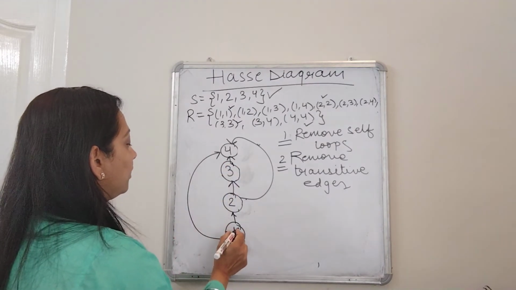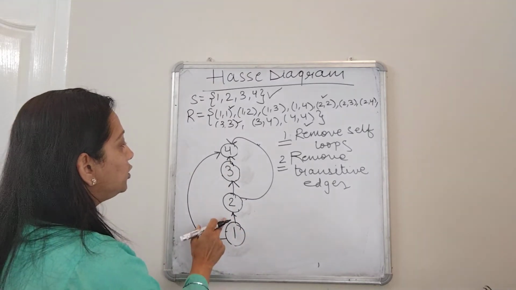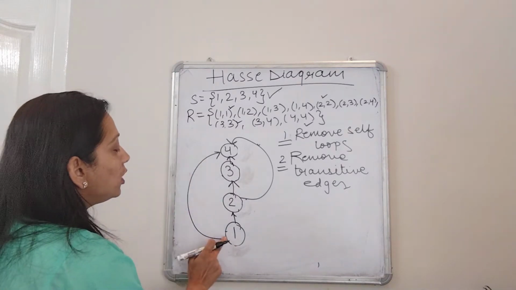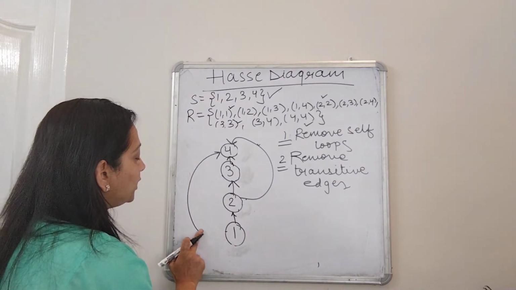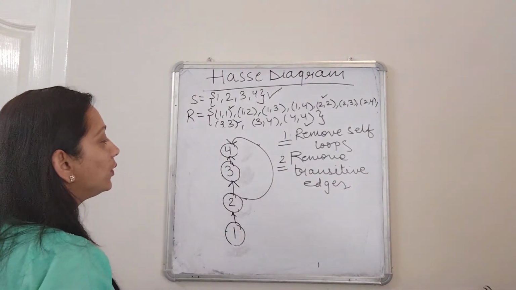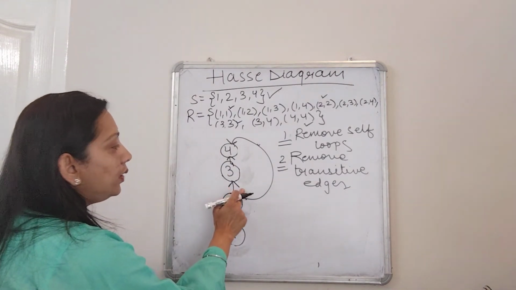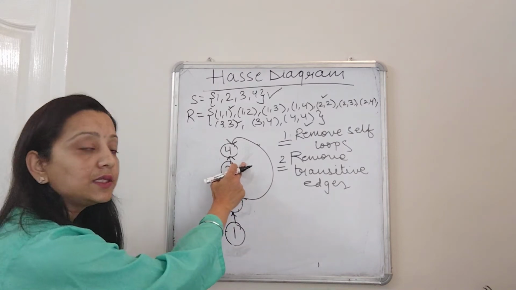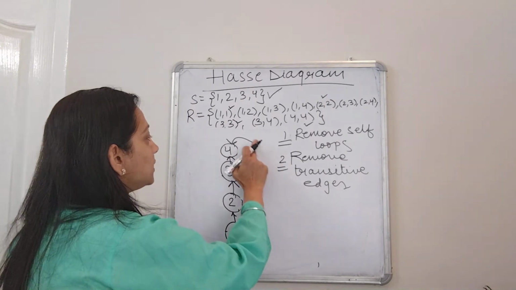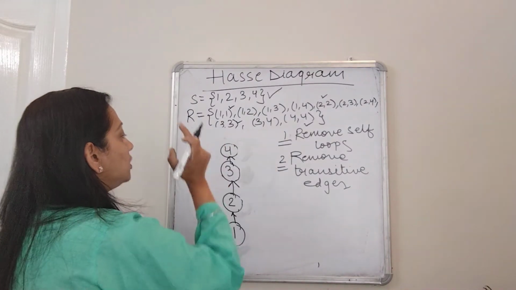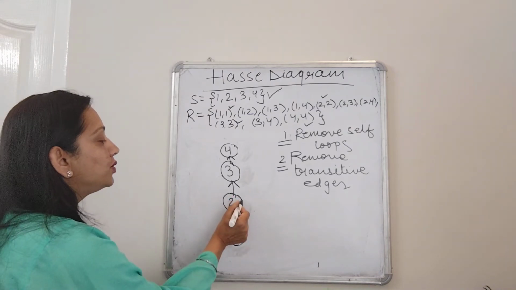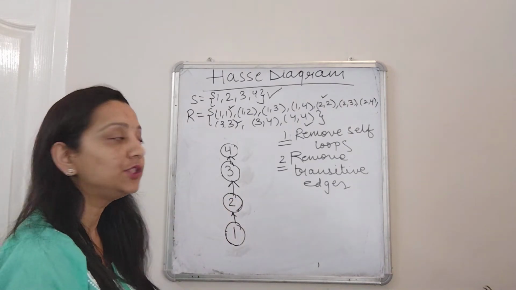Now if 1 is connected to 2, 2 is connected to 3 and 3 is connected to 4, it is quite obvious that 1 would be connected to 4 also. So remove this transitive edge also from 1 to 4. Now if 2 is connected to 3 and 3 is connected to 4, it is quite obvious that 2 would be connected to 4 also. So remove this transitive edge also, right? So this is how my graph looks after removing all the transitive edges.